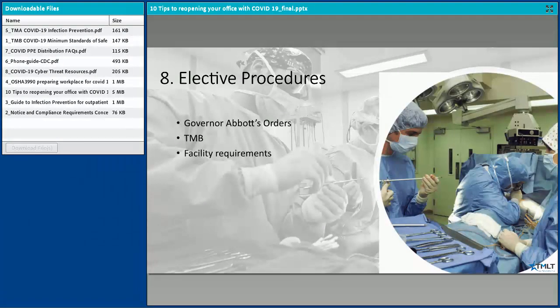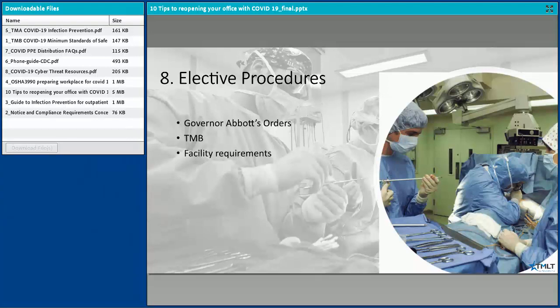Elective procedures. We've had lots of questions come in about elective procedures. They relate both initially to Governor Abbott's orders, the TMB rules, and now we're even getting questions about requirements that facilities are placing on practices.